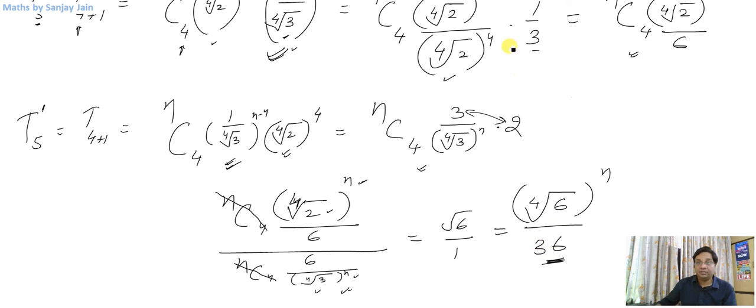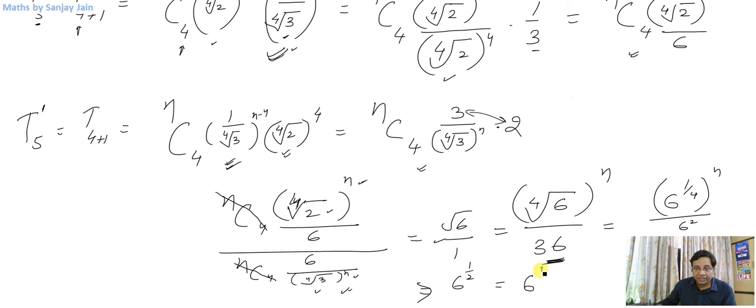This is 6 raised to power 1 by 4 n here, and this is 6 raised to power 2. So collectively I can write this as 6 raised to power 1 by 2 on the left, and on the right hand side I have 6 raised to power n by 4 minus 2. I have taken care of this into this and I have subtracted this.